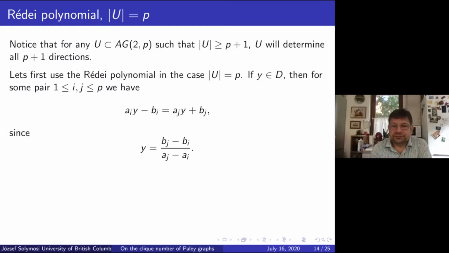So that was Rédei's result. He used this polynomial when the number of points was exactly p, as Fp, so the prime.